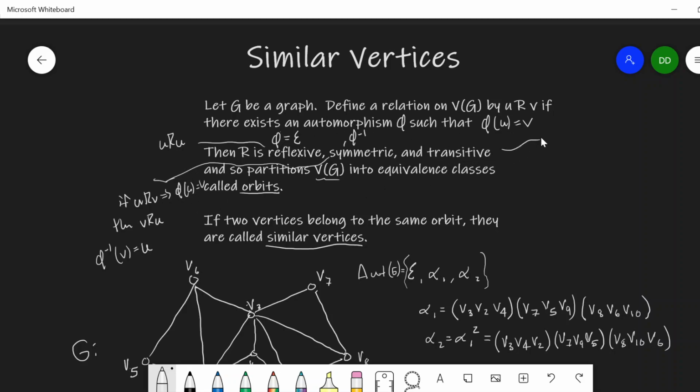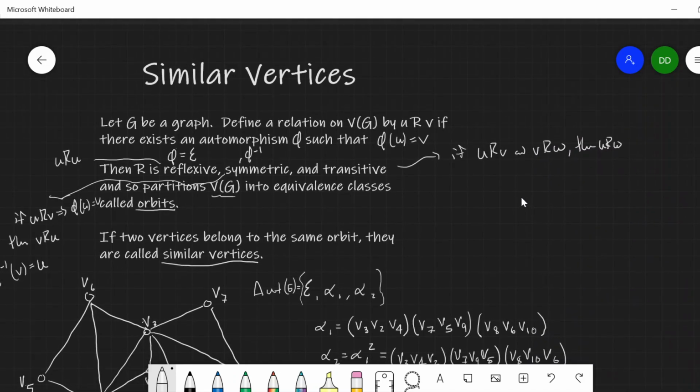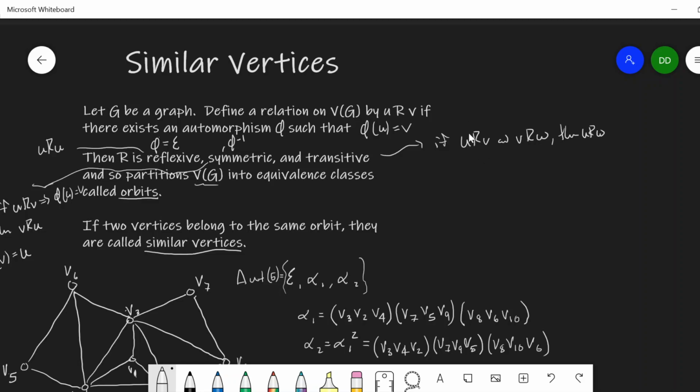Finally, it's transitive. So remember, with transitive, we want to say that if u relates to v and v relates to w, then u relates to w. If u relates to v, that means there exists some phi 1 such that phi 1 of u equals v. If v relates to w, that means there's some phi 2 such that phi 2 of v equals w. And so what I can do is compose these.